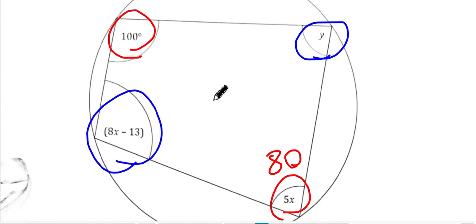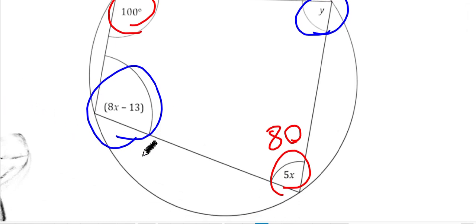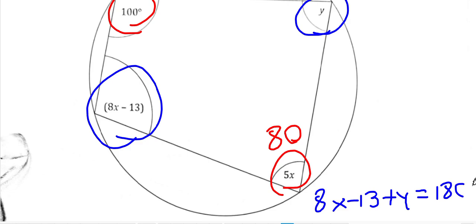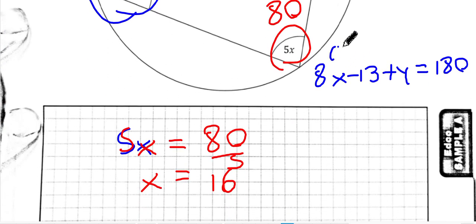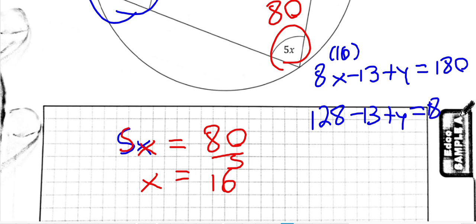Okay. Then you go up to the blue angle. Well, both these blue angles added together have to add up to 180. So what we're saying is 8x minus 13 plus y is 180. But we already know what x is. It's actually 8 times 16. And what is 8 times 16? 128 minus 13 plus y is 180.